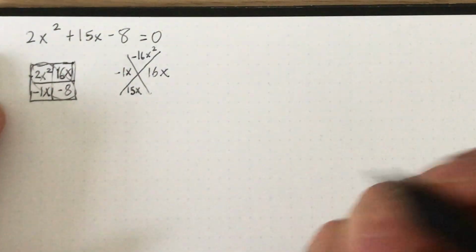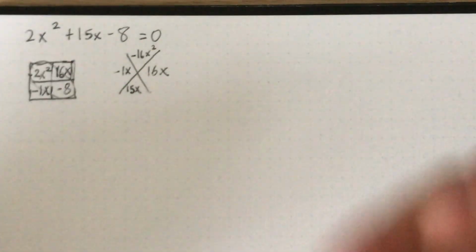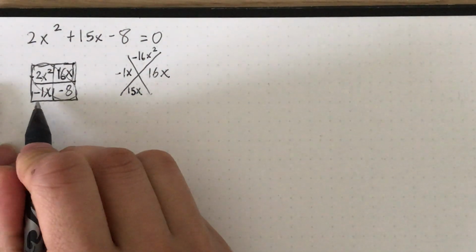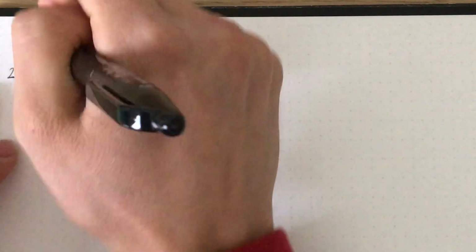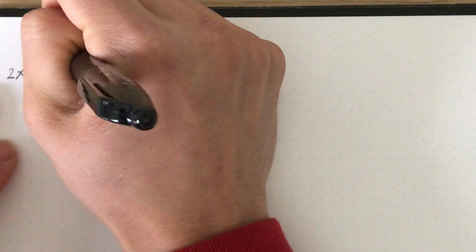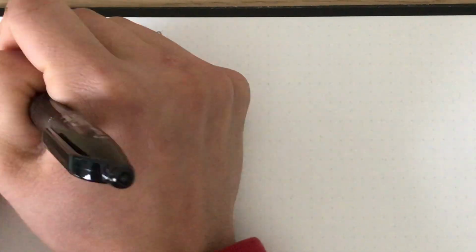Now let's fill in the outside. What times what is 2x squared? That's 2x times x. Can I put 2x here? No, because 2 doesn't divide negative 1. That means I have to put 2x here, and x must be here. Then 2x times 8 is equal to 16x, and 2x times negative 1 is equal to negative 1x.